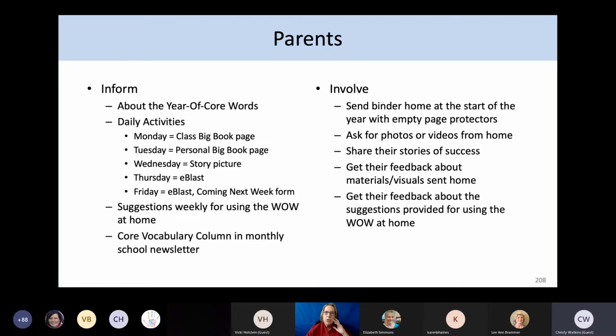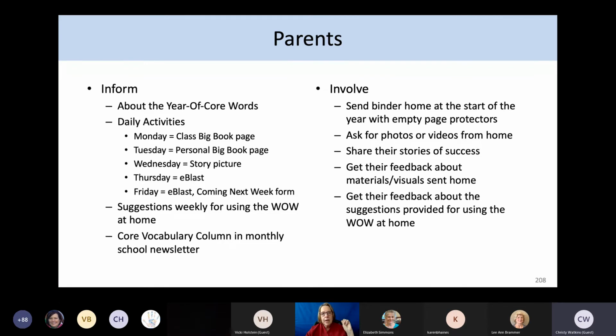She asks her teachers, or parents, to send photos back. Send videos of what you saw your kid using the word of the week at home. Share your stories with us. Give us your feedback. These little things might be a hook to get a few more parents involved.